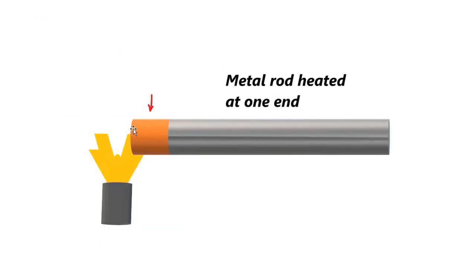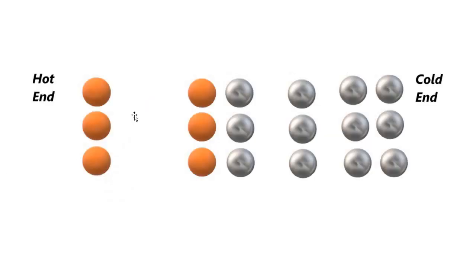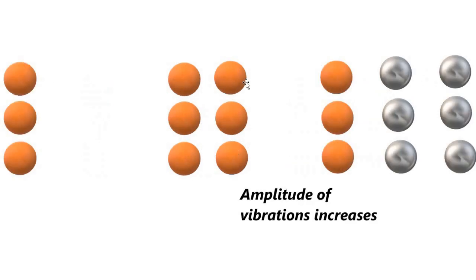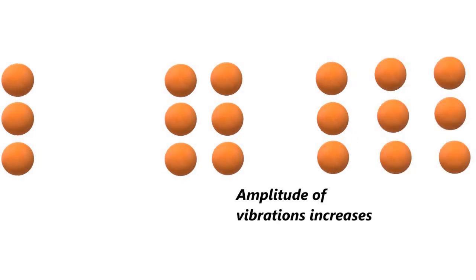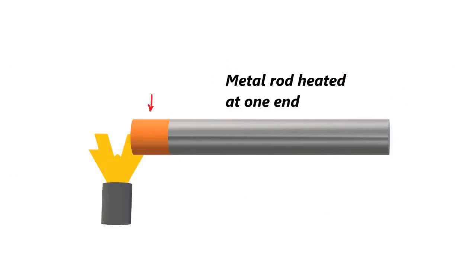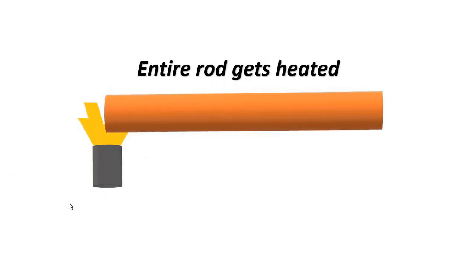All the kinetic energies, that is rotational, translational and vibrational, of one end increase, then it collides with the neighboring molecules, energy transfer takes place, then that portion also has increased energy, it collides with the next adjacent layer, their energy also increases, and like this the entire rod gets heated.